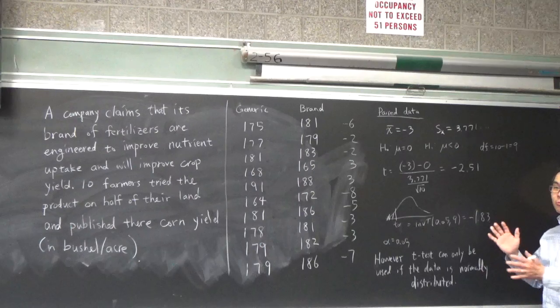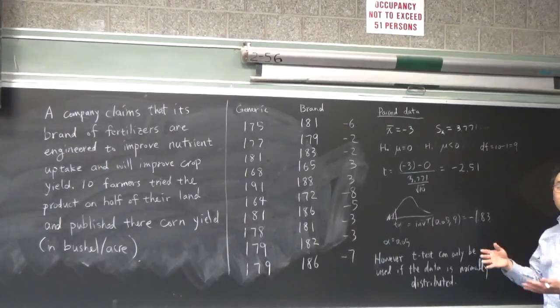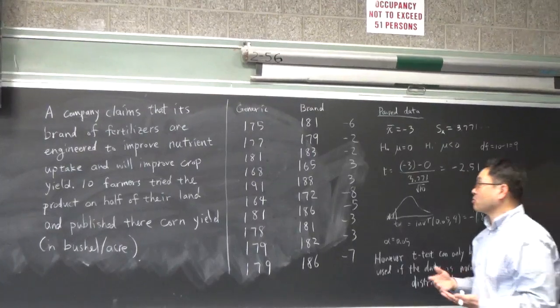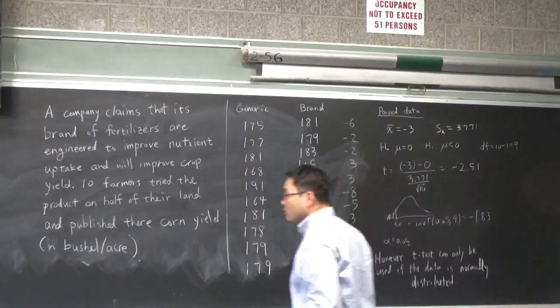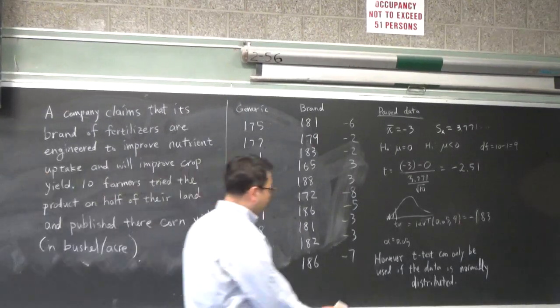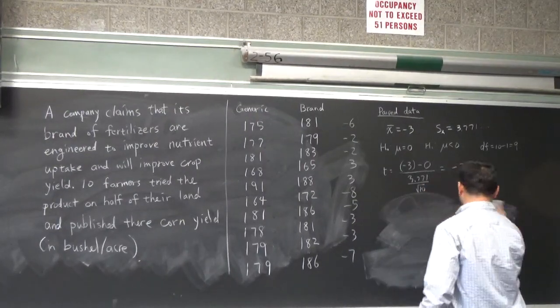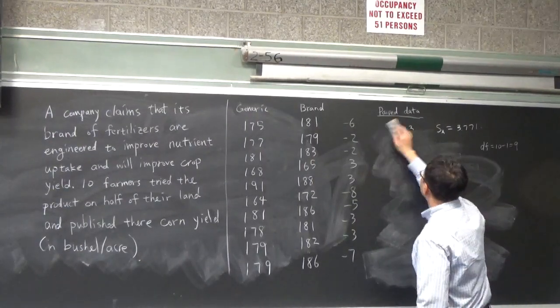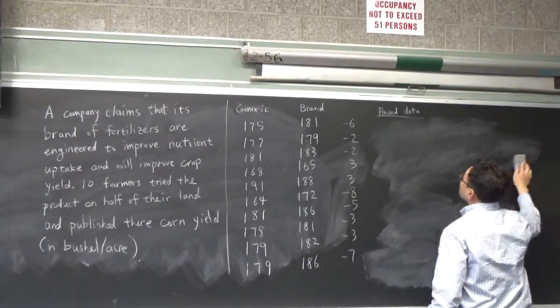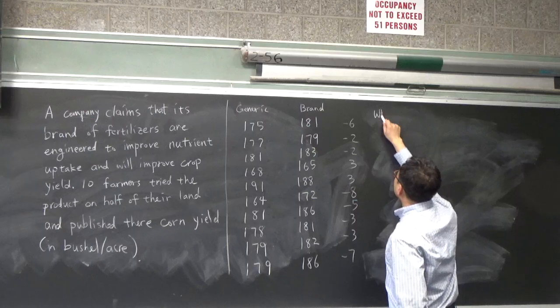If you add or subtract two normal bell curve shapes, then the resulting data will also be normal. But let me try to elaborate a little bit more on what the t distribution is. So, what is the t distribution?